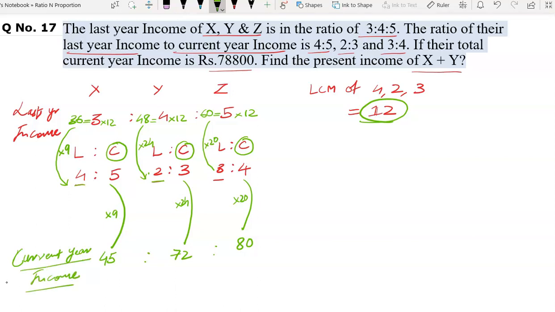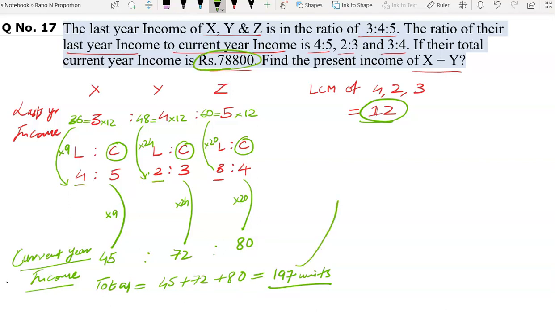So total will be 45 plus 72 plus 80. This will give us 197 units. And in the question, the total current year income is rupees 78,800.